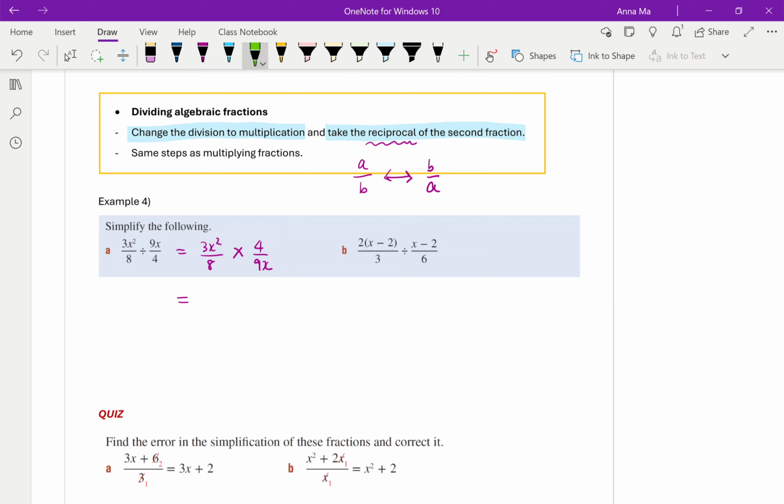So the 3 and the 9 becomes 1 and 3. The 8 and the 4 becomes 2 and 1. Now I've got x squared and x, so one of the x will be gone with this x on the bottom. So if you look across the fraction, I've got x over 6, because you've got 2 times 3. So I get x on 6.